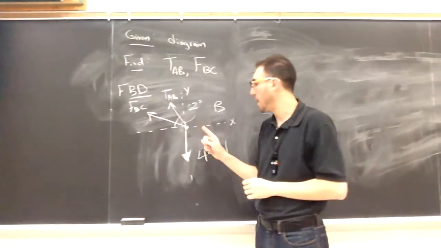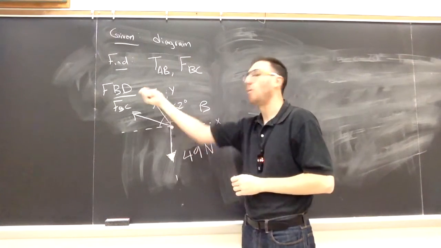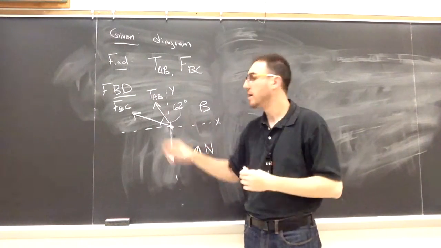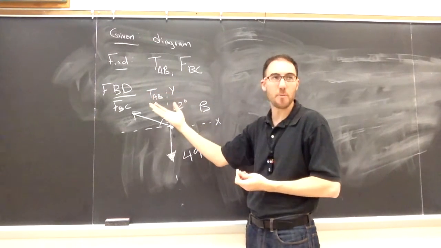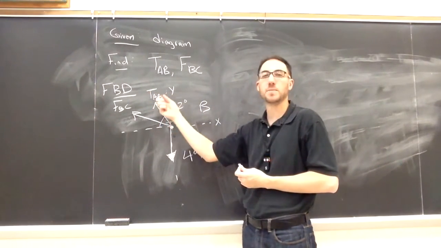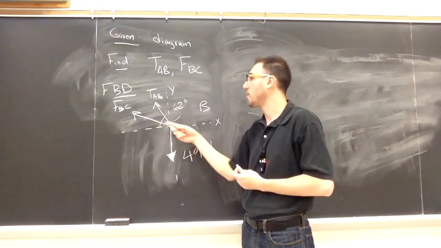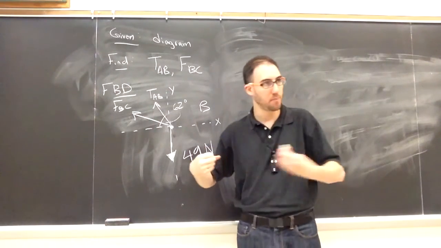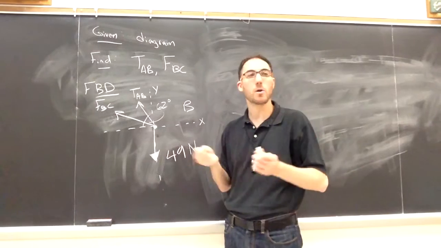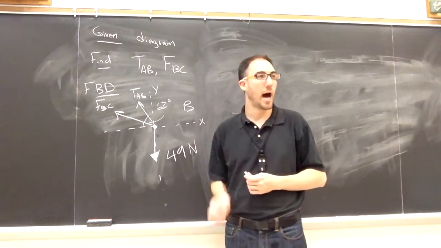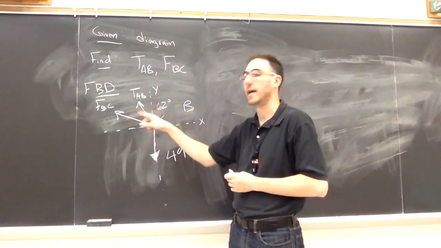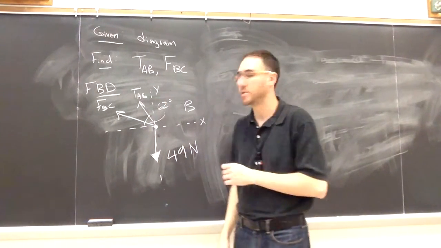One thing I want to note here: an arrow coming away means it's pulling on the object, meaning that thing has to be in tension, or we're assuming it's in tension. The rope must be in tension. This bar, I'm going to assume it's in tension. I'm assuming it's pulling on the object, but a bar could be pushing on the object, meaning that it would be in compression. I always make the assumption of tension and let the math tell me which it is.